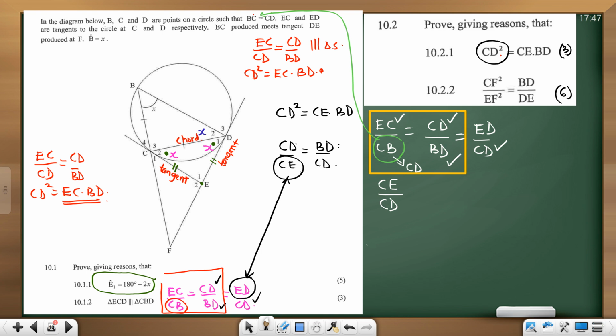Are you there? Oh, yes, sir. Because it's given. First line. And then I have CD and BD. Do you notice if I cross multiply, I'm done? CD squared equals to what? CE multiplied by BD. All right.